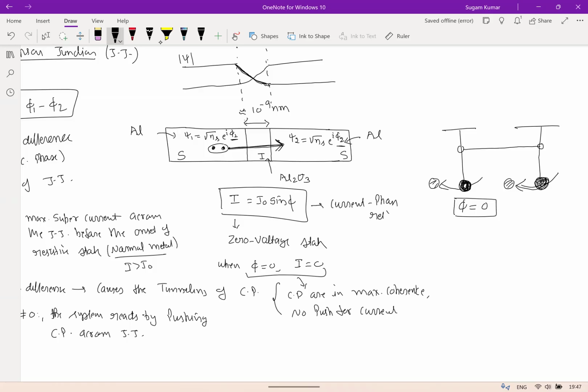Are you getting what I'm trying to convey here? If these two oscillators are oscillating in sync, if they are vertically down, they will be at the same time. If they go here, they go at the same time.